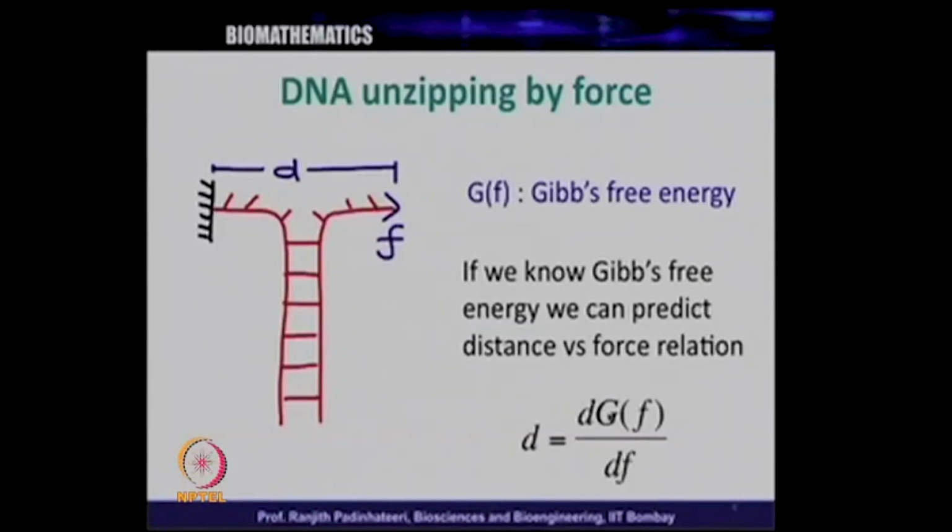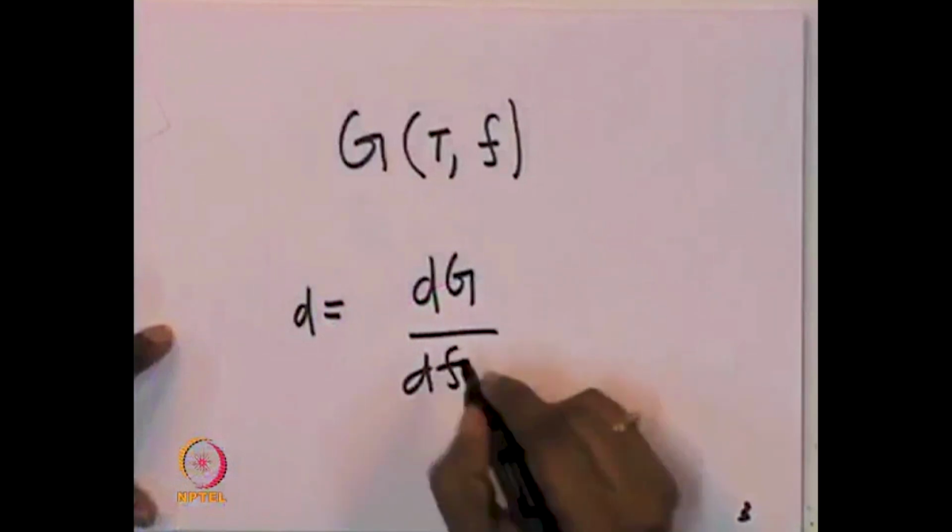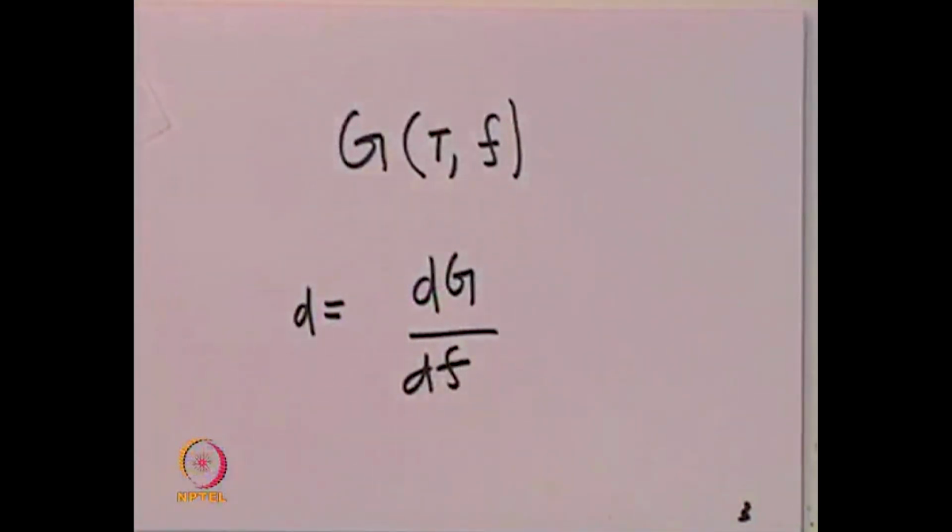So, if we know the Gibbs free energy, we can predict the distance versus force relation by this particular relation. What I wanted to say here is that the free energy and the force and distance are related through a derivative. What is written here is that if you know G, the distance d is given by dG by dF, given that the temperature is a constant.